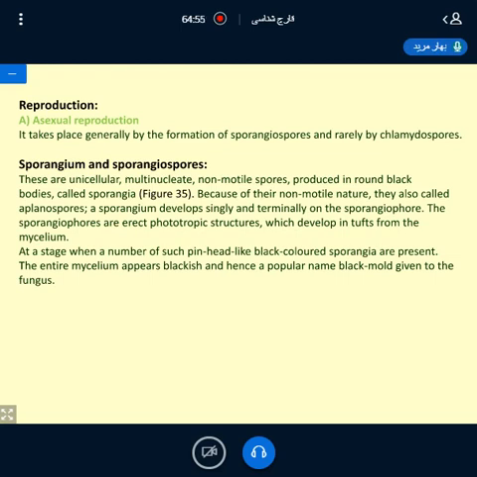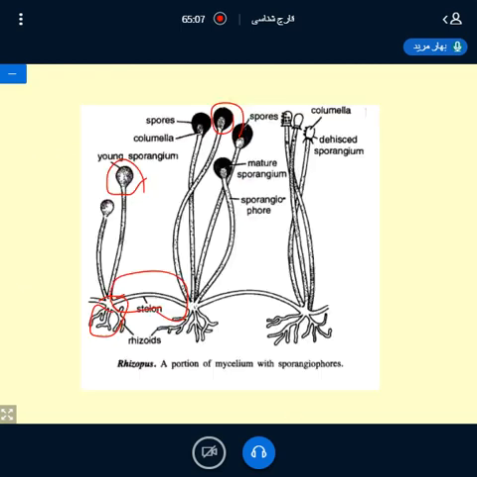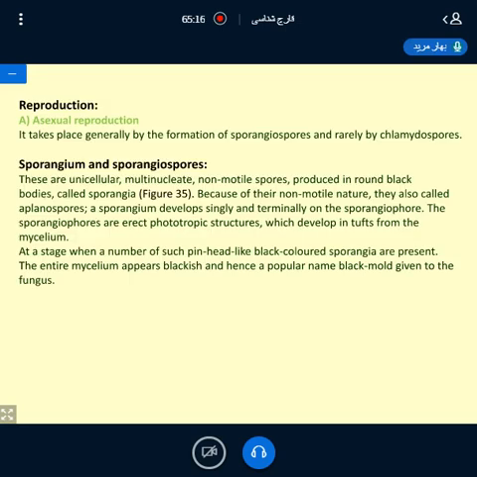These are unicellular, multinucleate, and non-motile spores produced in black bodies called sporangia. Dark sporangia. Because of their non-motile nature, they are also called aplanospores.